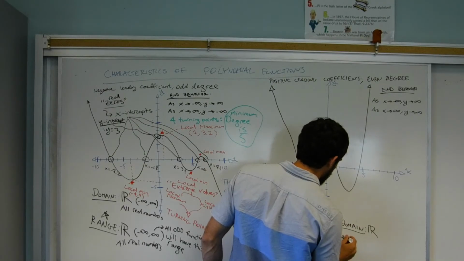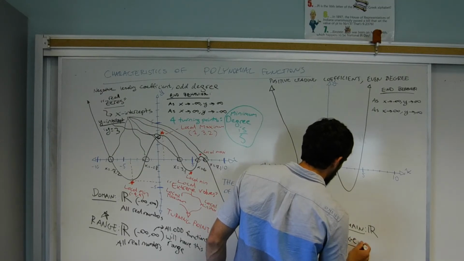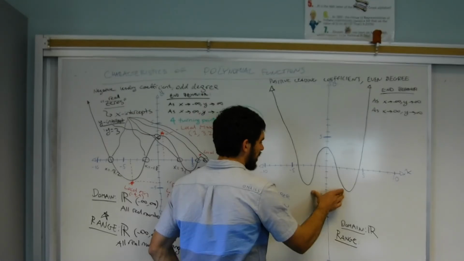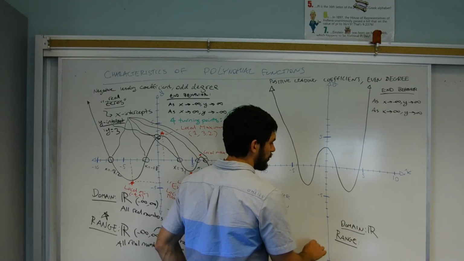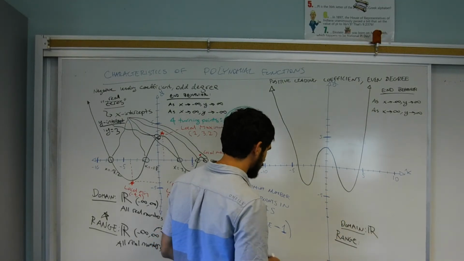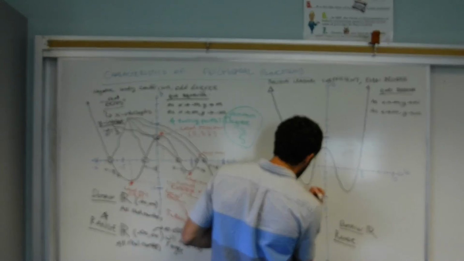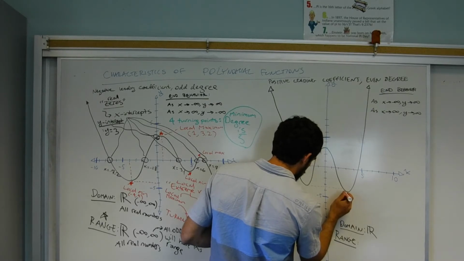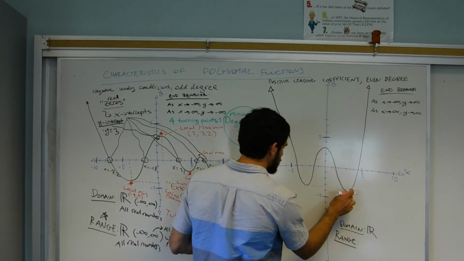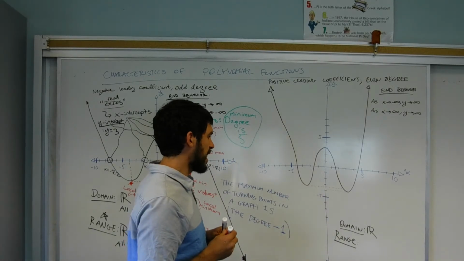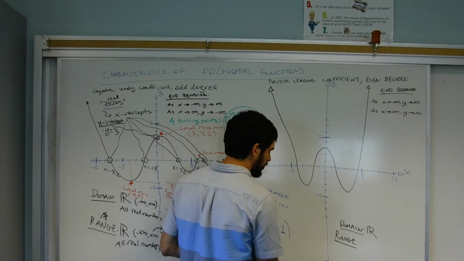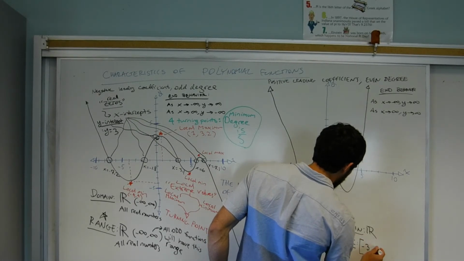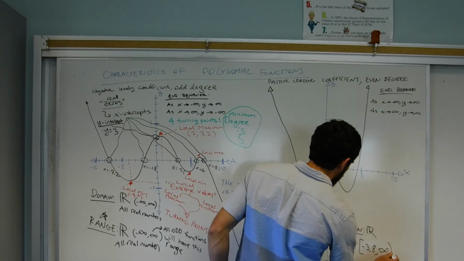Our range is going to be a little bit different this time. For our range, we see that obviously this graph does not continue past this point in the y direction. So we're going to want to judge what the y value of this point is. This looks like our lowest point on the graph, which is at about negative 3.8. So our range is going to be about negative 3.8 to infinity.